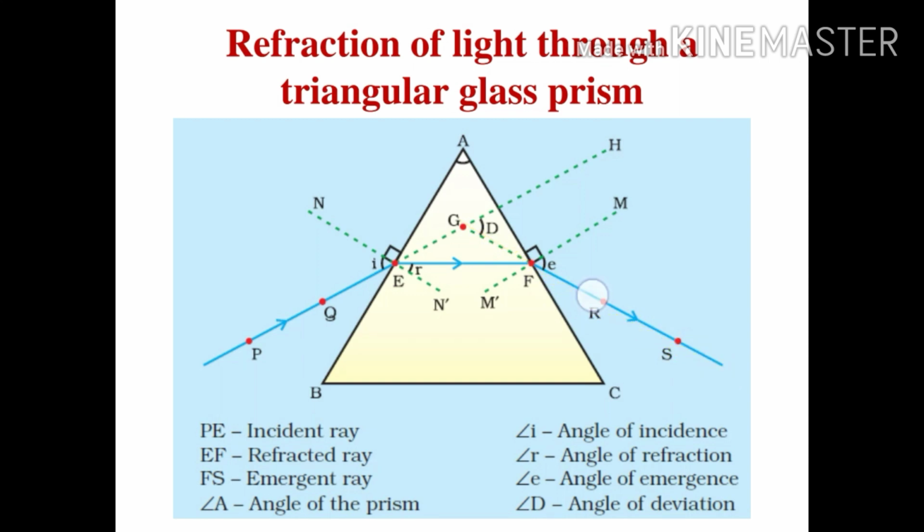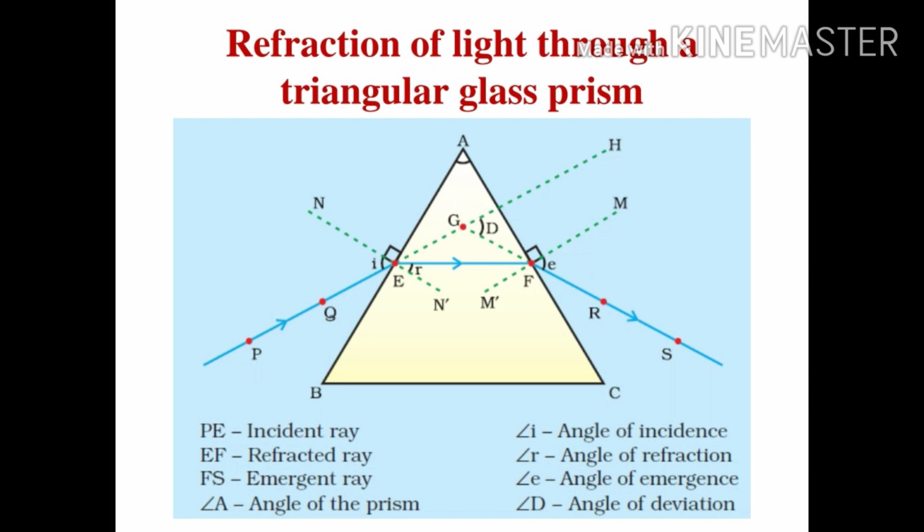If we extend the emergent ray backward and further extend the incident ray, both will appear to meet at this point G. So the angle between the direction of the incident ray and the direction of the emergent ray is known as the angle of deviation. It means this ray of light has deviated through this angle. This angle is known as the angle of deviation. It is denoted by D, and in some books it is denoted by delta.